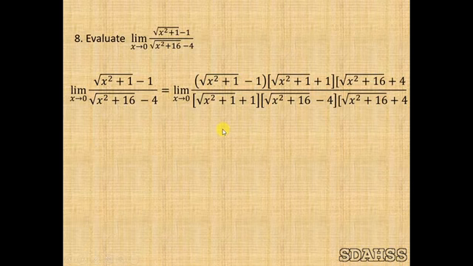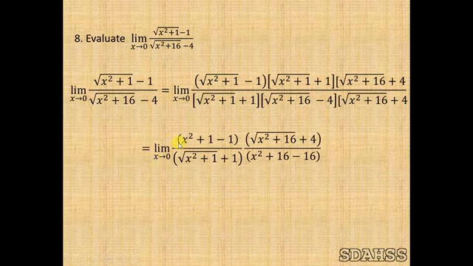So now this becomes limit x tends to 0. The first two, root of x square plus 1 minus 1 into root of x square plus 1 plus 1, is in the form of a minus b into a plus b. So this can be written as a square minus b square. Now this becomes x square plus 1 minus 1.